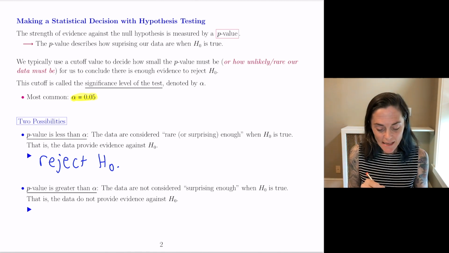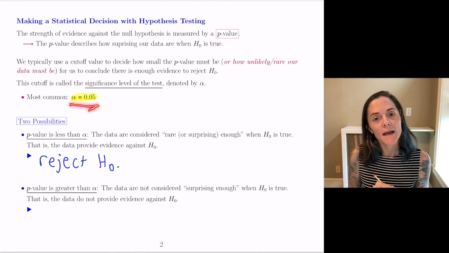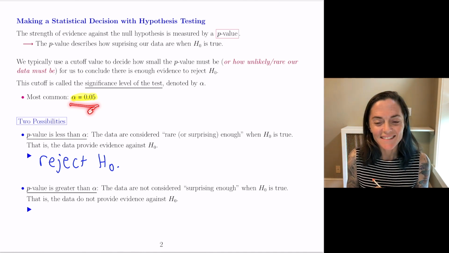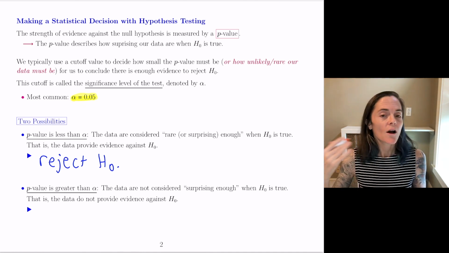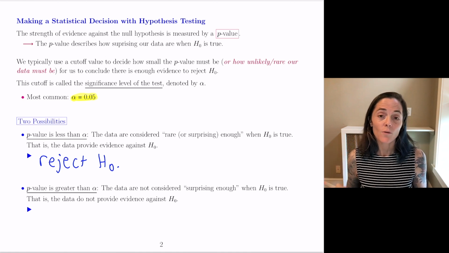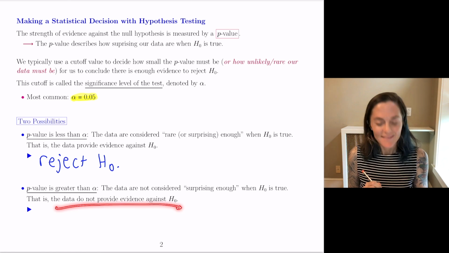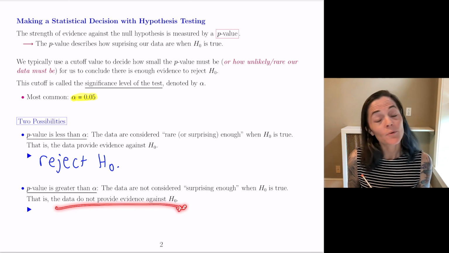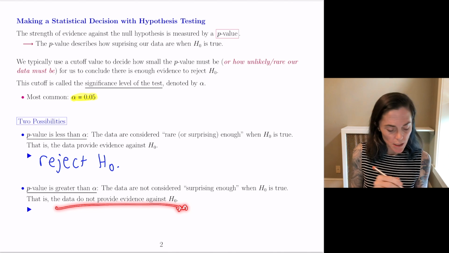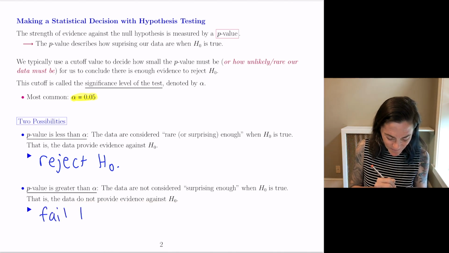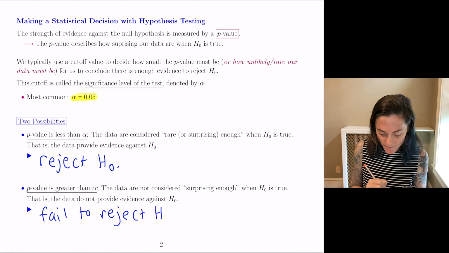In this example where alpha is 0.05, maybe our p-value calculated is 0.42. In this case, the data are not surprising enough when H0 is true. Equivalently, the data do not provide evidence against H0. So in this case, we fail to reject H0.